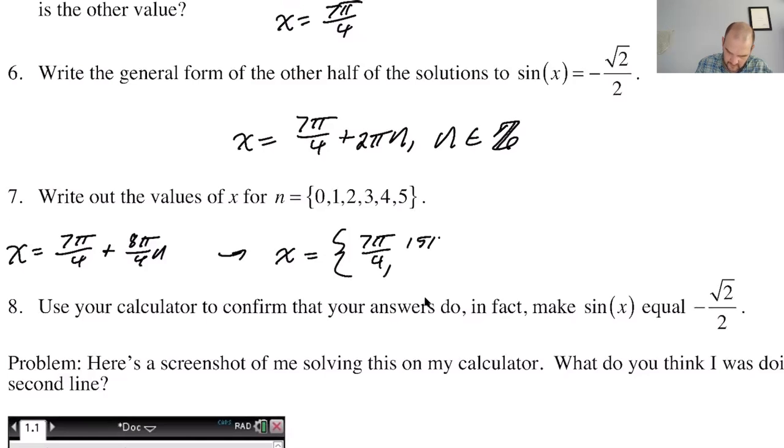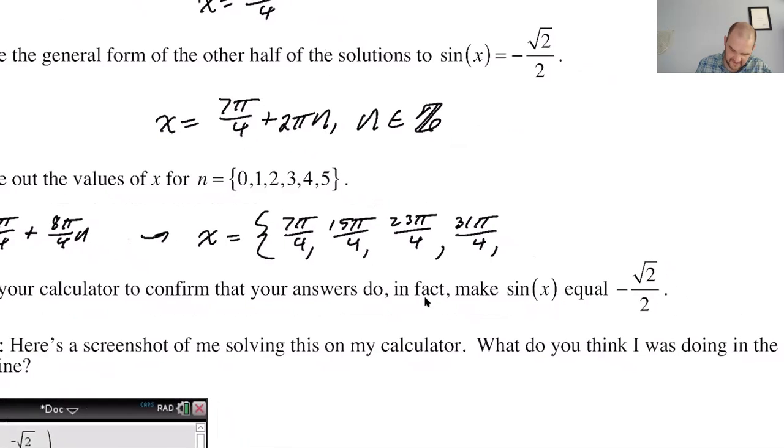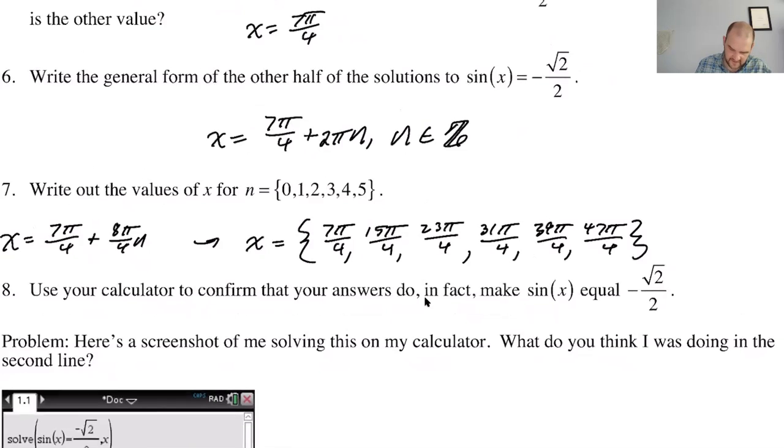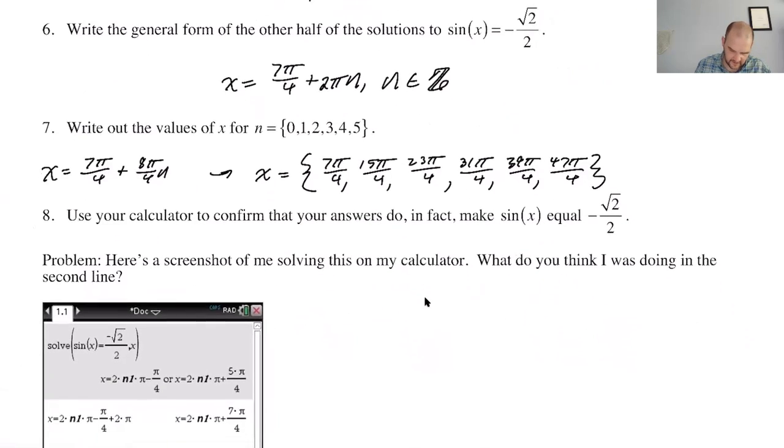Then I just got to keep adding 8, which is not really my strong suit in life, to just add over and over again. 0, 1, 2, 3, got to do 39, and then 47. Okay, so I get all of these.